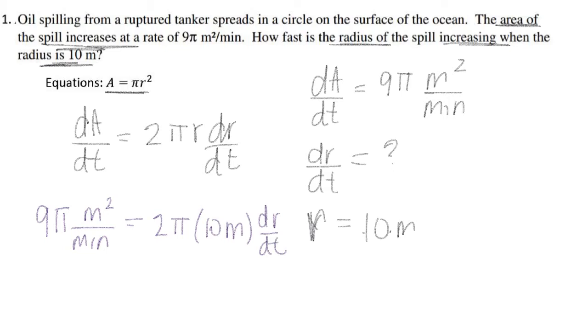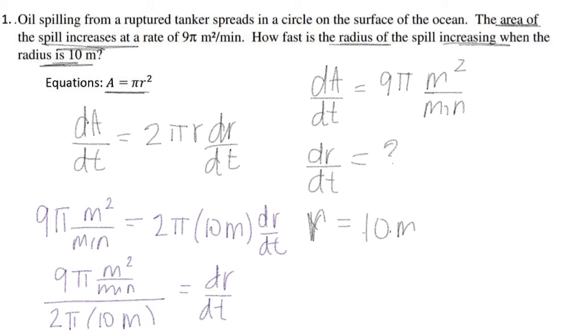And so let's see, when we divide all of this over, it looks like we have 9 pi meters squared per minute over, and again, don't worry about multiplying all this out. I would just wait about doing all of that, because you end up canceling a lot of this out.